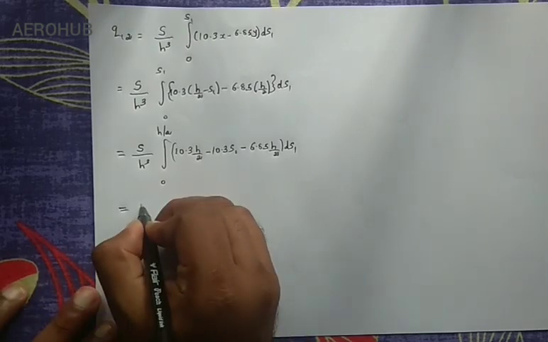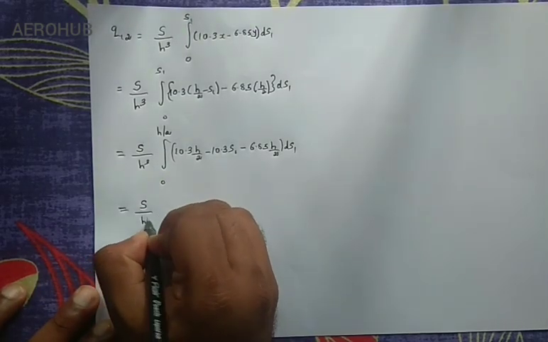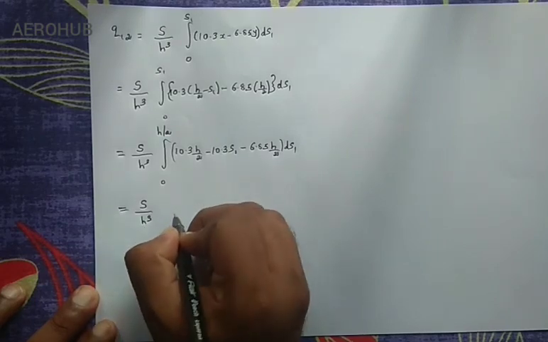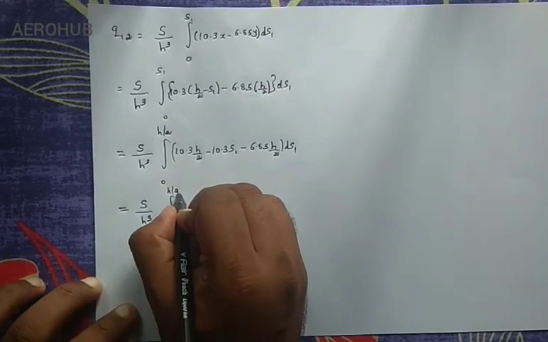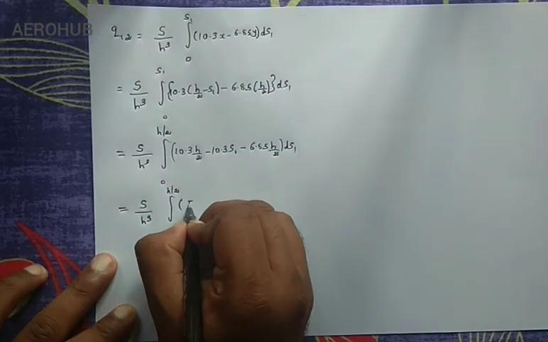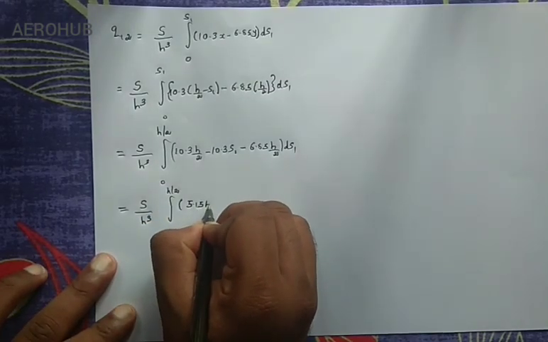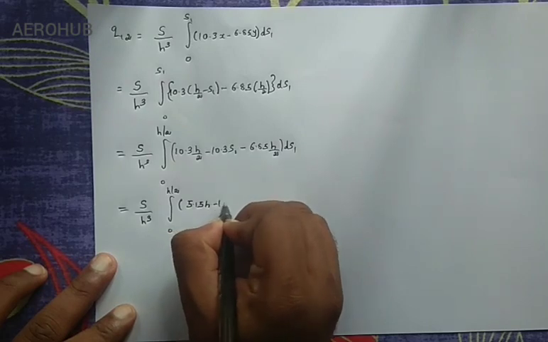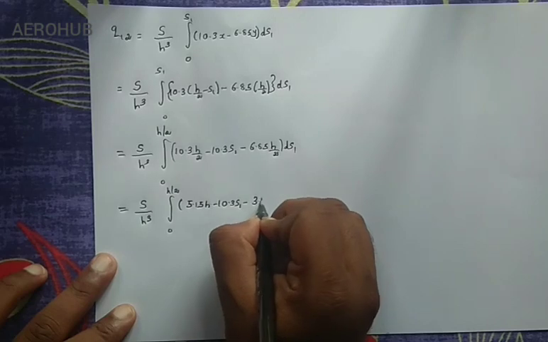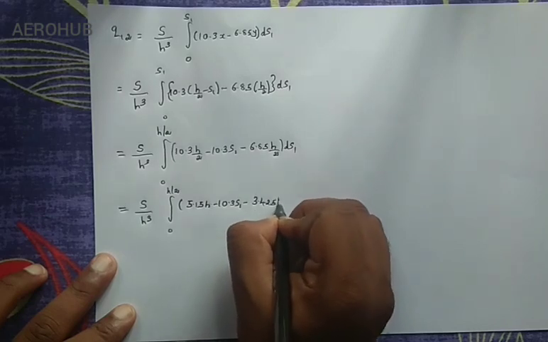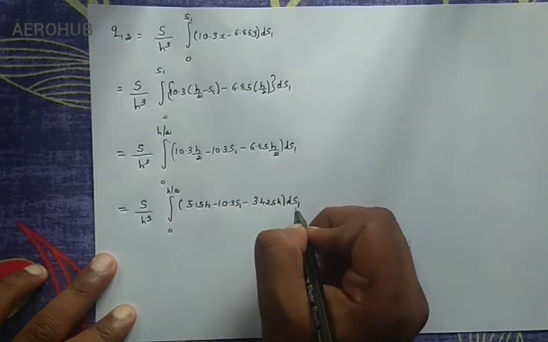So I will be getting S by h cubed, integral from 0 to h by 2, of 5.15 h minus 10.3 S1 minus 3.425 h, into dS1.